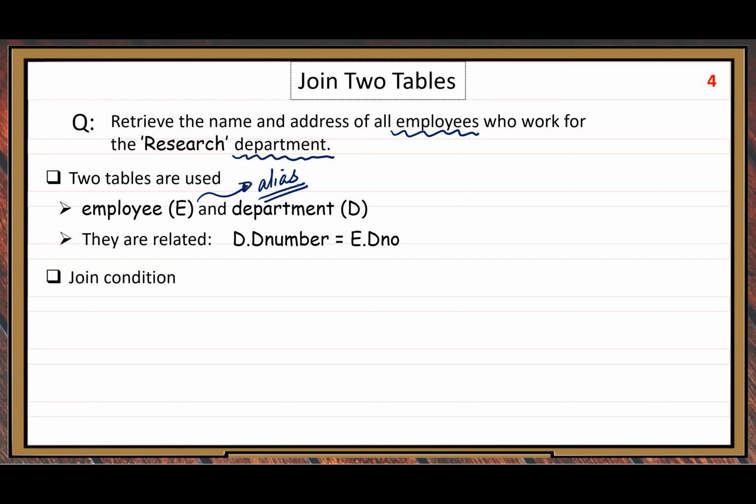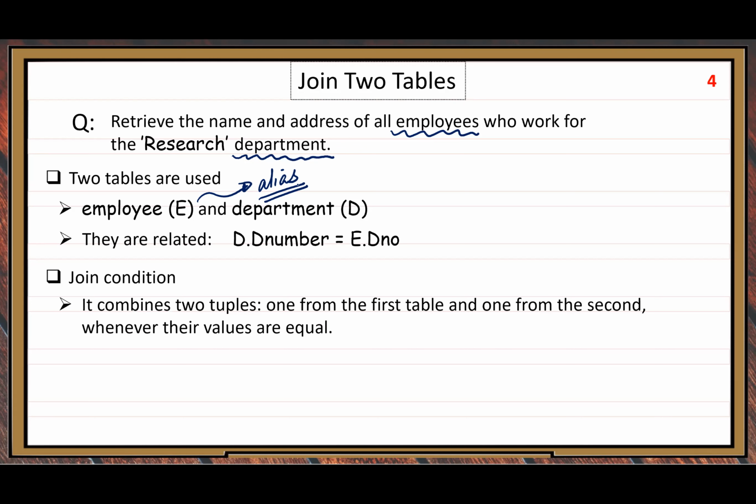Now we need to work on the join condition. It combines two tuples, one from the employee table, another from the department table. Two tuples you put together to get a joint tuple, a new tuple containing both tuples.